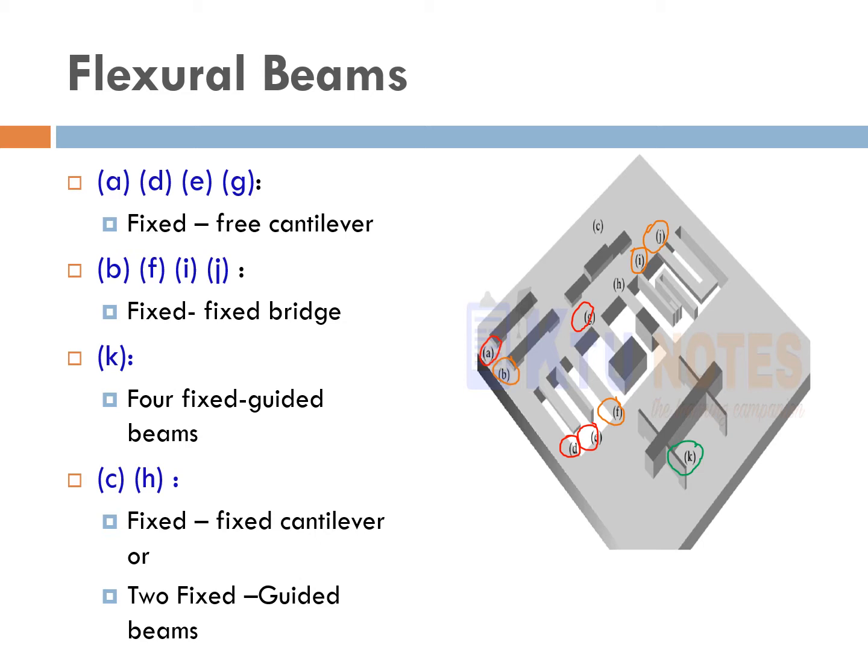The guided beams are allowed to move in the substrate plane, but the out of plane translational movement is restricted. Now, the structures C and H are similar in nature. They can be either considered as fixed cantilevers or a combination of two fixed guided beams.